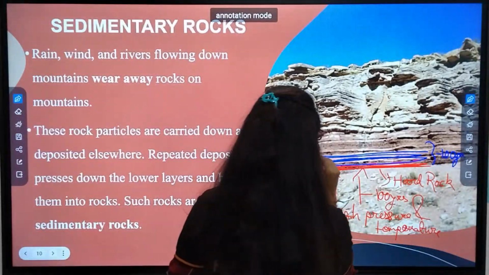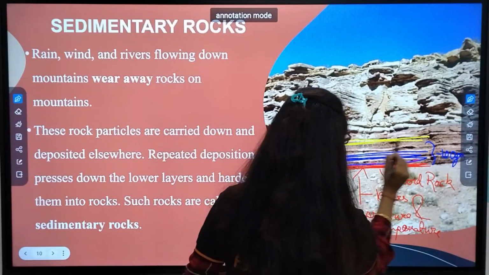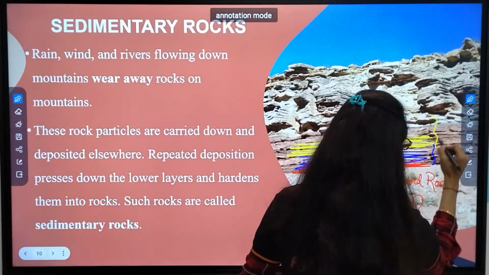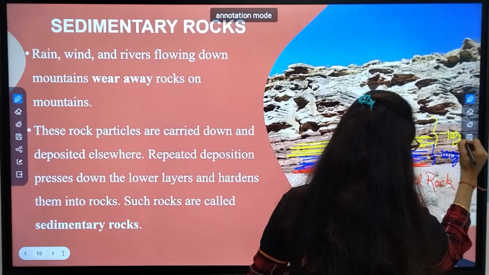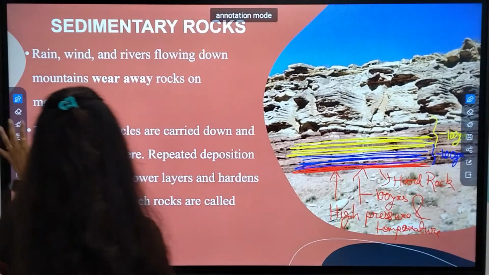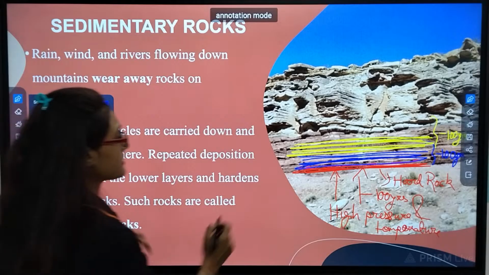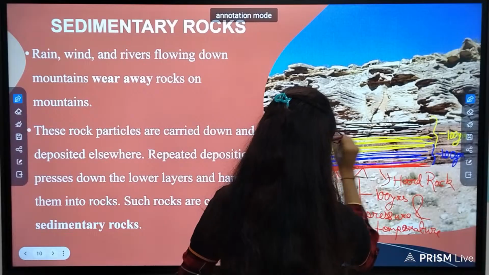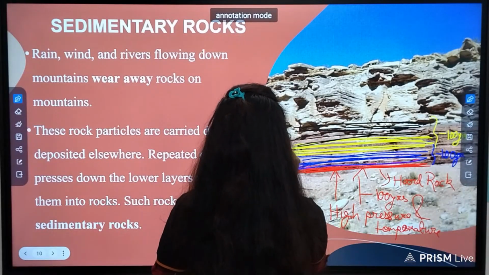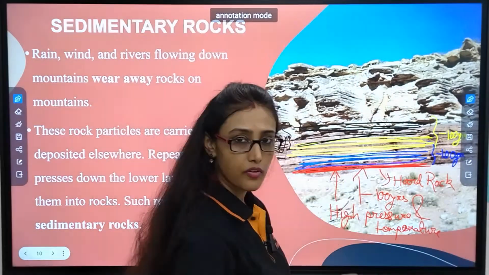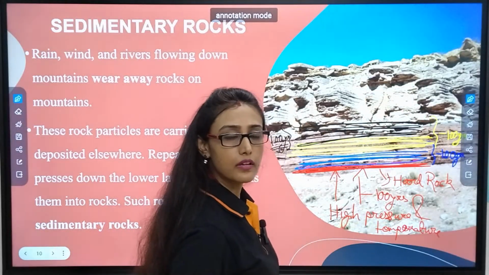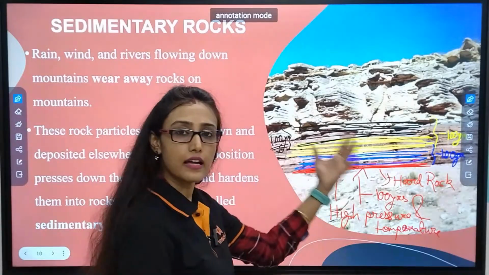Understood? Now again after hundreds of years, another layer of rock is formed. In the same way, another layer is formed after 100 of years. So now the question comes, ma'am, are only layers being formed? No, layers are not always being formed. 24 hours into 365 days, the layers are not being formed.